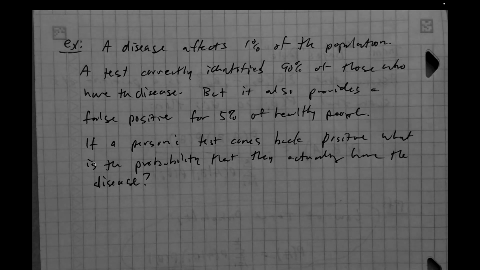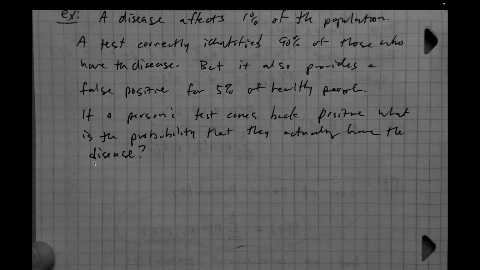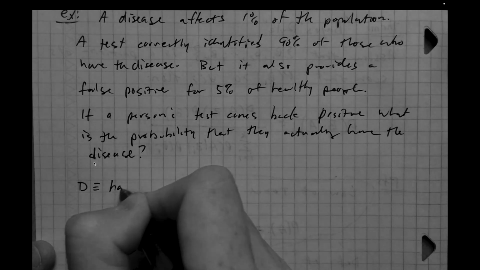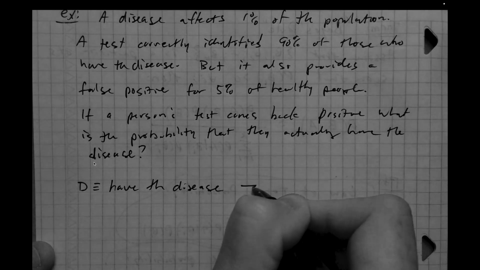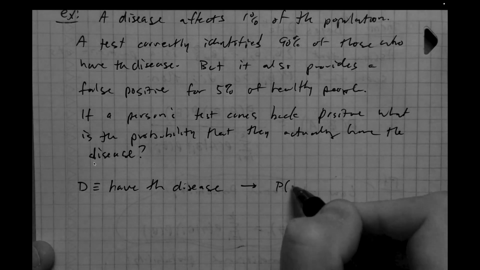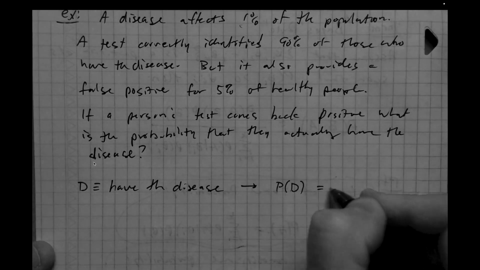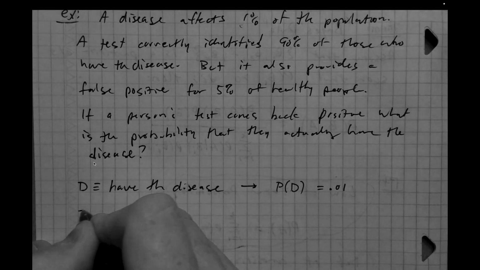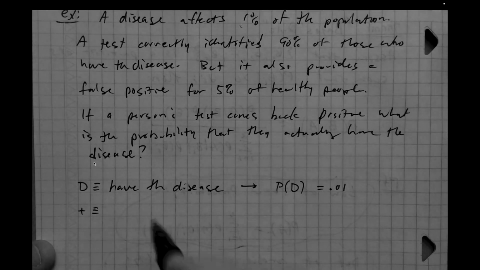Let's get some symbols and numbers into the mix. We'll use D to denote the event of having the disease, and we know that the probability of having the disease in the population is given as 1%. We'll also use the symbol plus to denote the event of a positive test result.